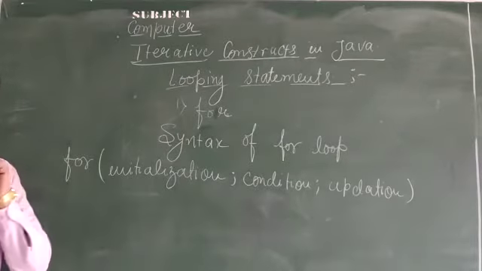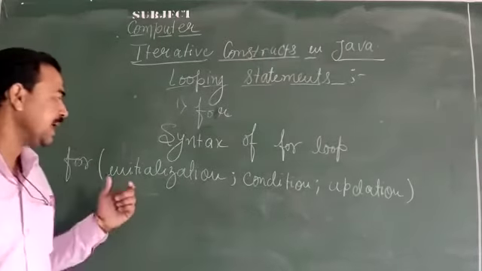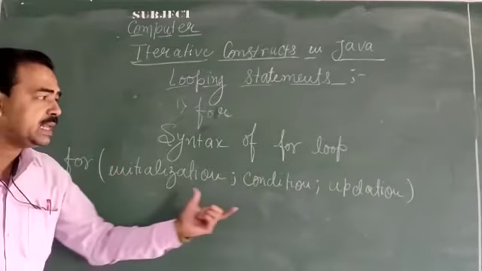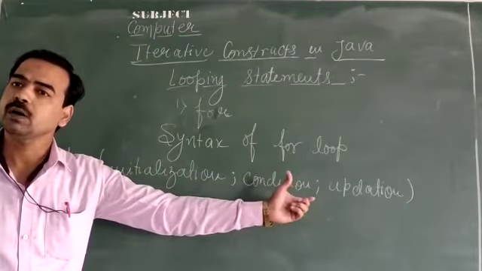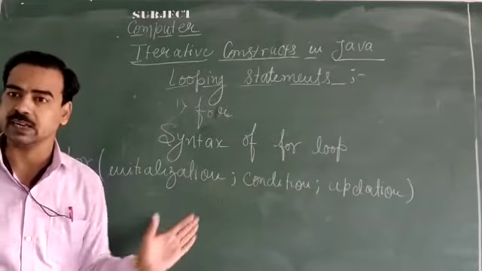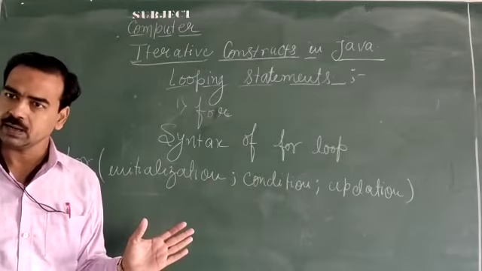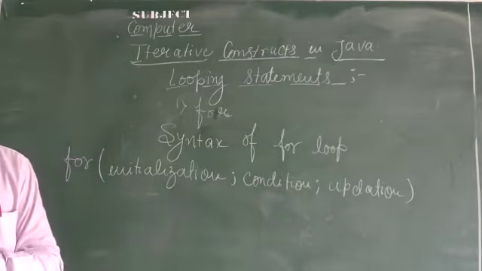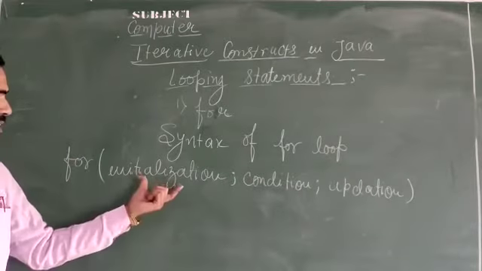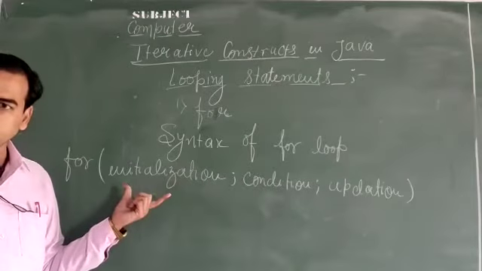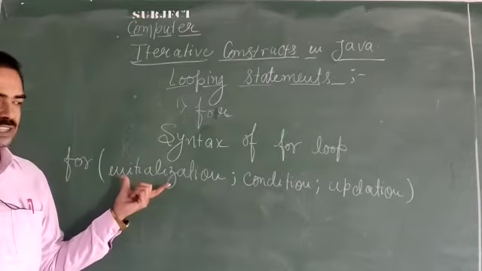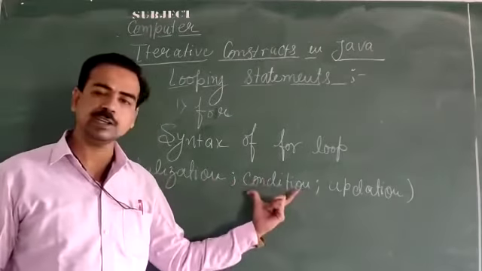Now, listen to one thing: any of the sections we can skip from the for loop. Depending on the requirement of the program, we can skip any of the sections. We can skip the initialization part from the statement. We can skip the condition part.